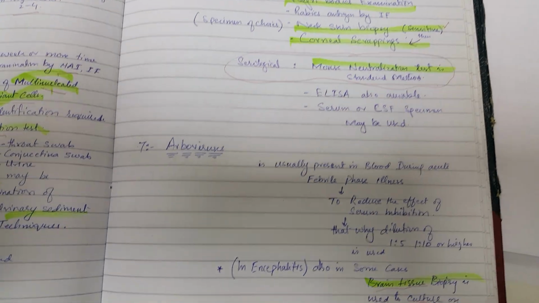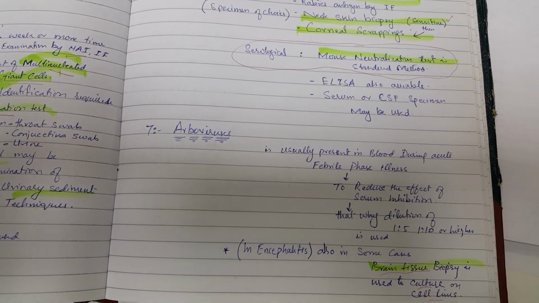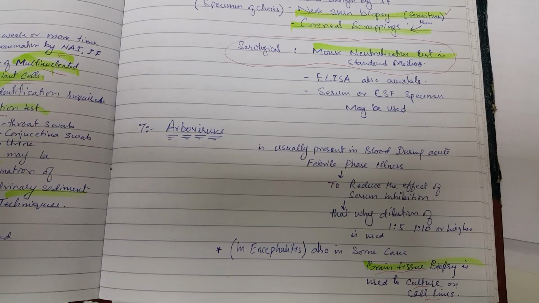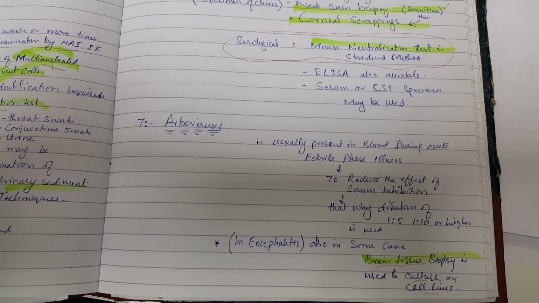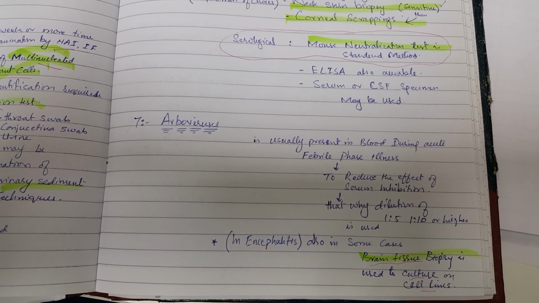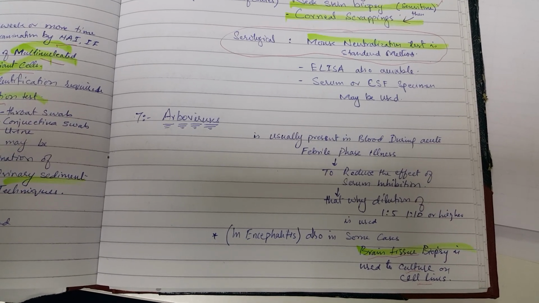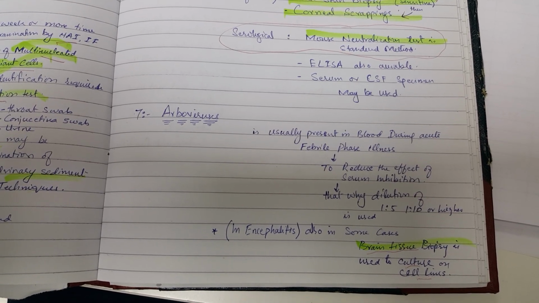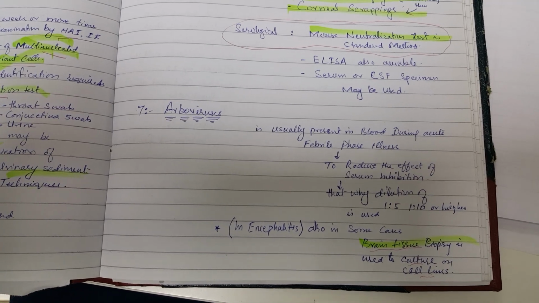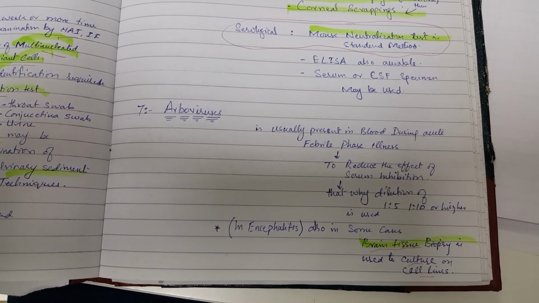Arboviruses are usually present in the blood during the acute febrile phase of illness. To reduce the effect of the serum inhibition, that's why a dilution of 10 raised to power 5 to 10 raised to power 10 or higher is used. In encephalitis also, in some cases, the brain tissue biopsy is used to culture on cell lines to detect the arbovirus.